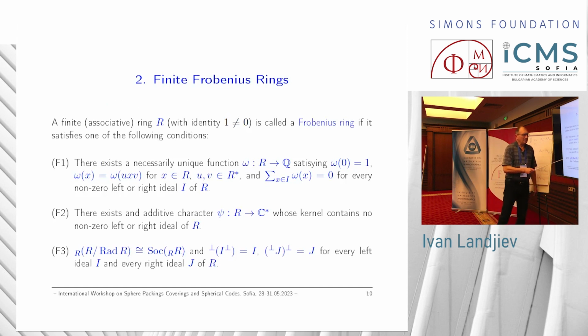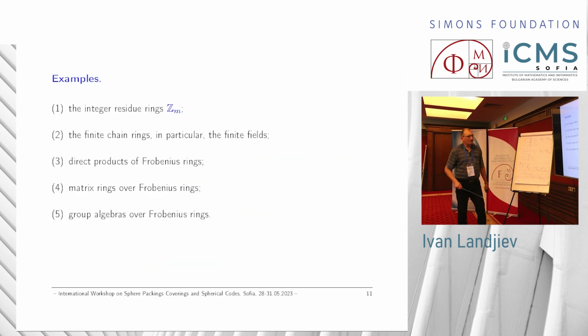There are three equivalent definitions, and we shall use the first one. There exists a function from the ring to the rational numbers, which is 1 at 0, takes on the same values at associate elements, and is 0 on all ideals, left or right. Nakayama's original definition is different.